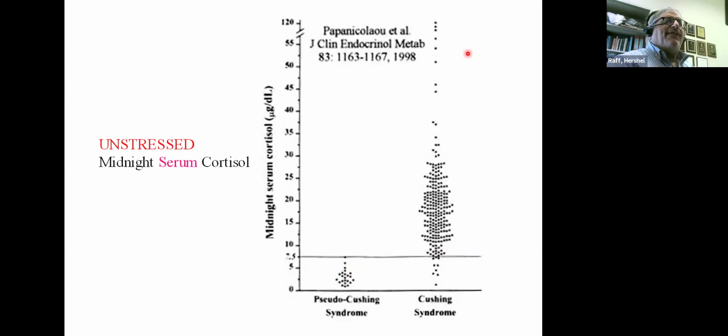And notice about 95% of all of the subjects with surgically proven Cushing's had an elevated midnight serum cortisol. In fact, the sensitivity and specificity was somewhere between 95 and 97%, which in our world, in Cushing syndrome, that's pretty darn good. It doesn't really get much better than that.